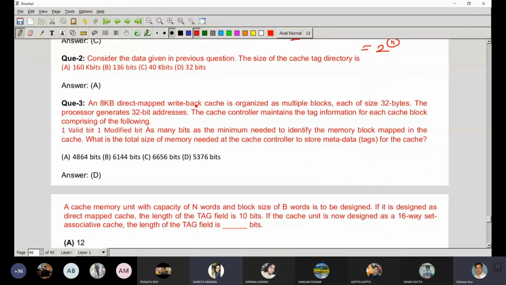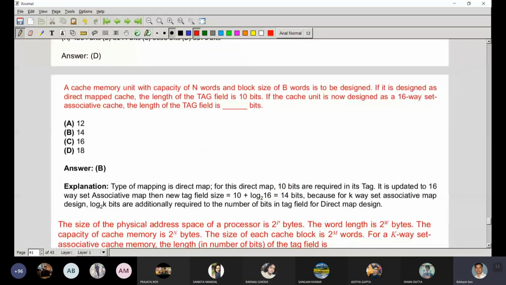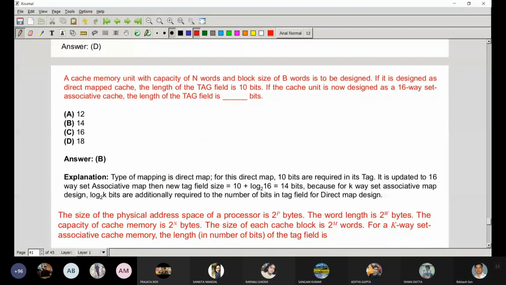Now here I have given some questions and I have solved their answers. So can you solve this question? This is the last of this class today. My question is this one. The size of the physical address space of the processor is 2 to the power p bytes.